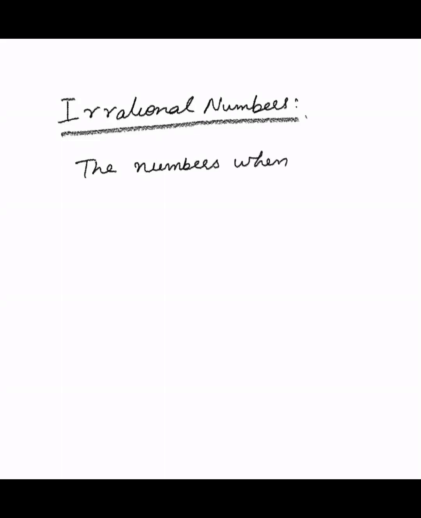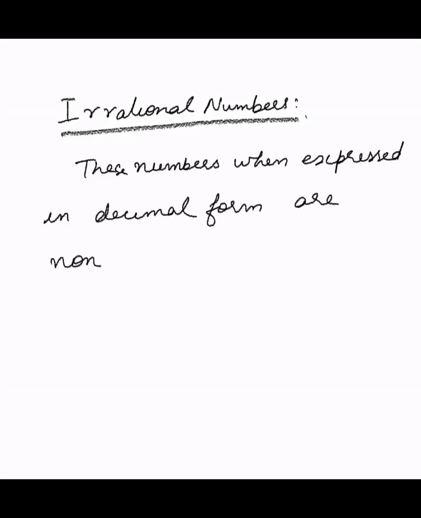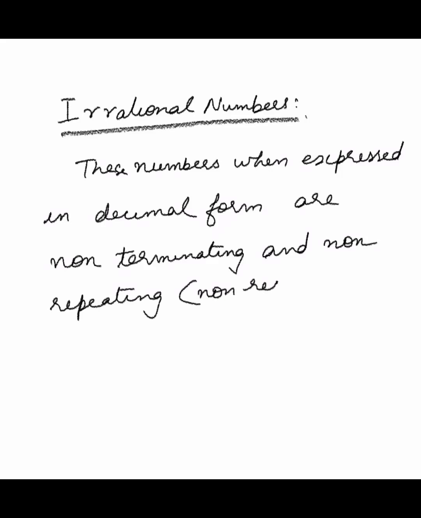Irrational numbers, the beauty is here: these numbers when expressed in decimal form are non-terminating and non-repeating. In bracket you can write non-recurring.